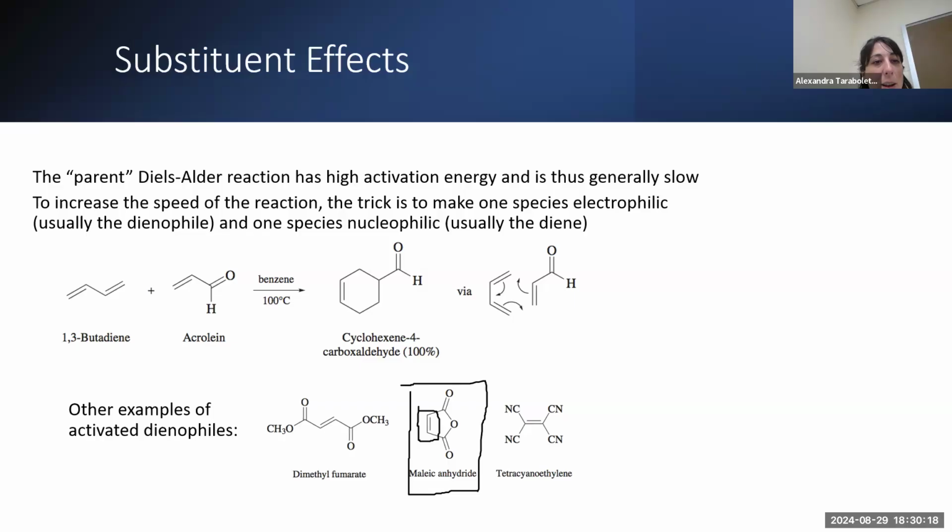Depending on what is attached to what we're calling the dienophile, the alkene by itself, it will actually help expedite this reaction or slow it down depending on what they are.